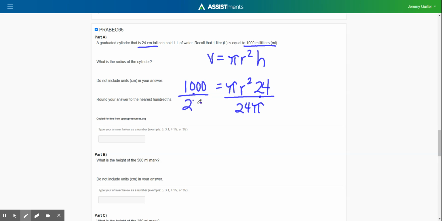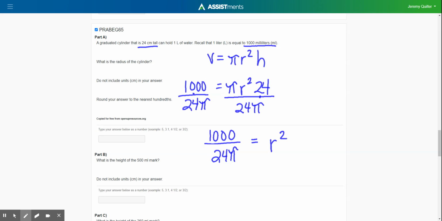So we need 24 pi as the divisor to 1,000. When we have that value, that will help us to know what the radius squared is, in approximate values. And with that value, we should find the square root of it as well to tell us what the radius is. Round your answer to the nearest hundredth place, please.